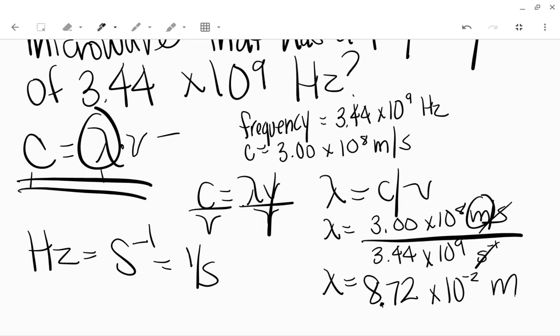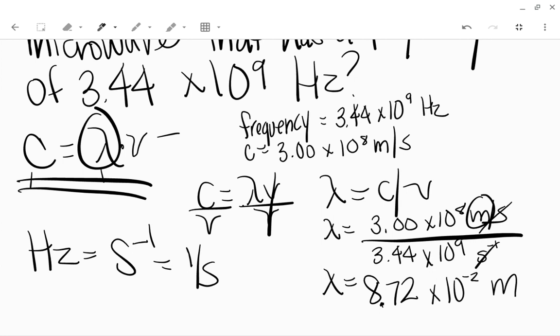And that is my answer. So great, my answer is correctly expressed in a unit of wavelength, which is meters. And I have 3 sig figs in both of my given numbers, 3.44 and 3.00. So my answer will stay with 3 sig figs as well. So it's 8.72.